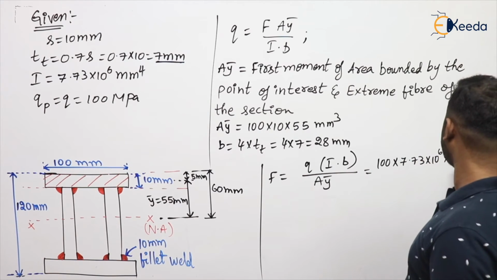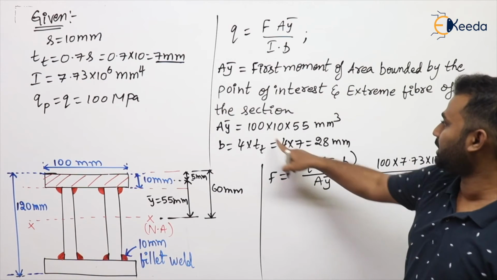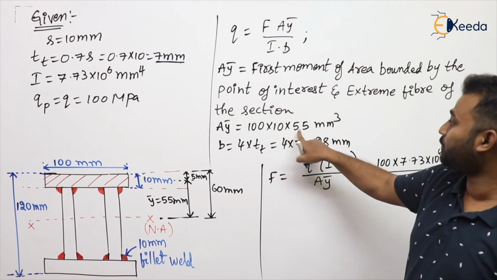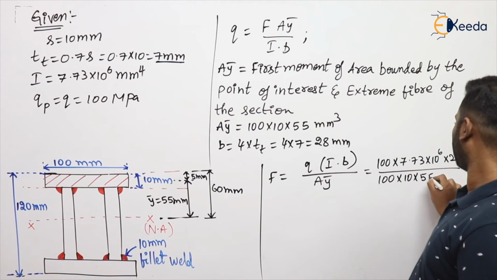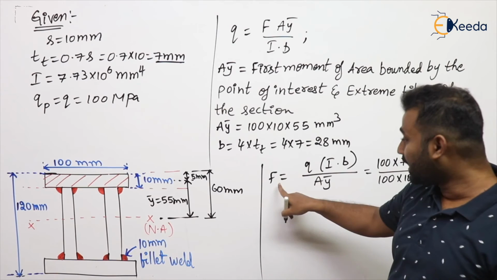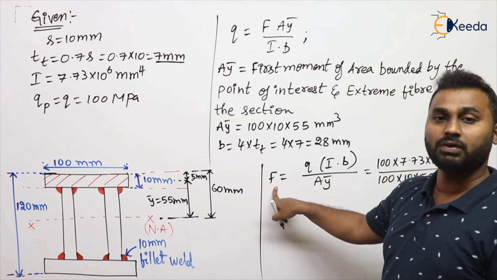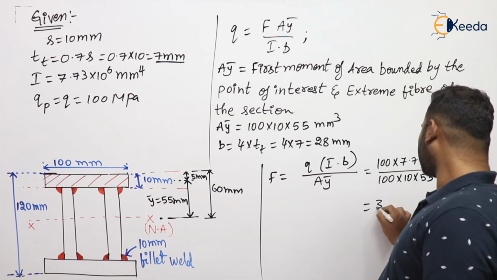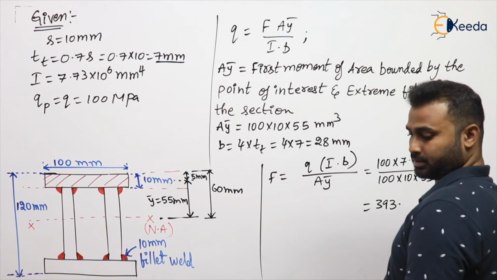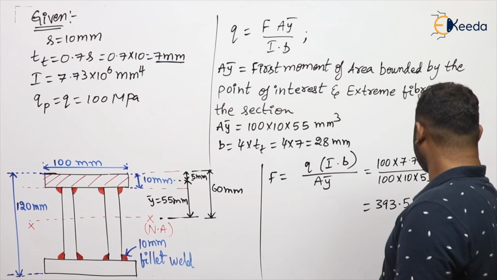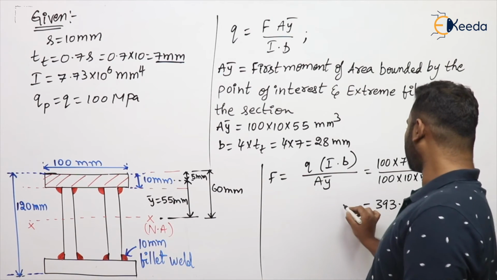And B is 28. Divided by AY bar, which is 100 into 10 into 55. Clear? Upon simplifying, we'll get this force. The force comes out to be 393.53 kilonewton. That is the force.